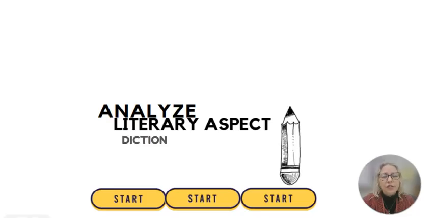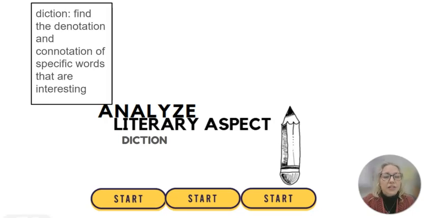So the very first thing you're going to do is look at an example of your literary aspect, and you're going to analyze it, looking at diction. Diction is just the words that are in the quote. Find the denotation, that means what the word literally means, as well as connotation. Connotation are the hints that are reading between the lines of specific words that are interesting.